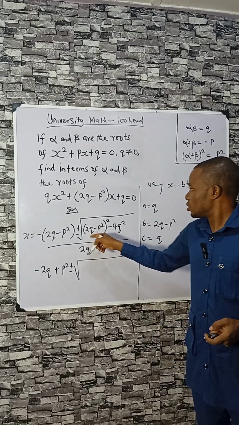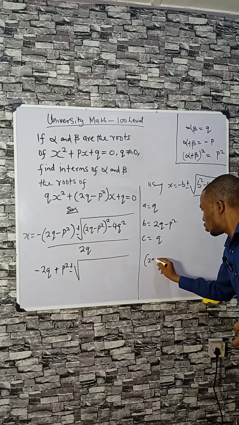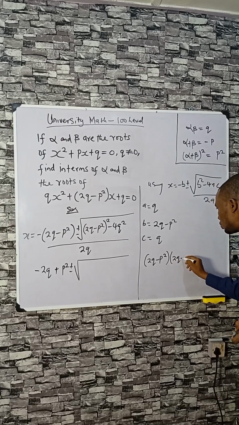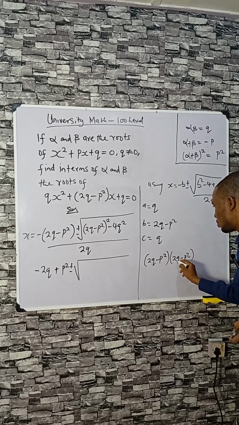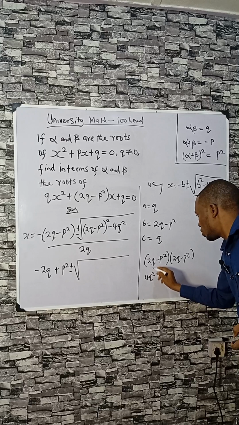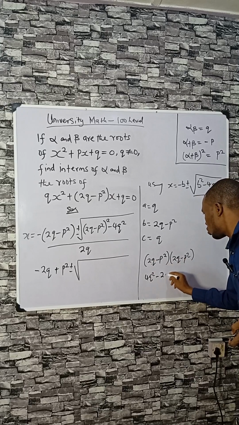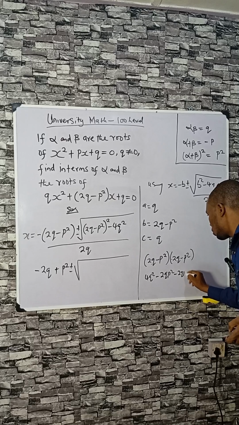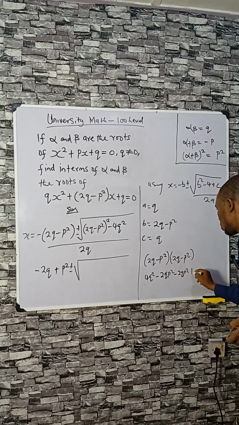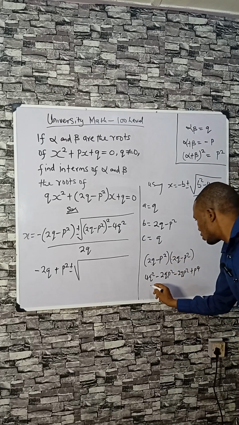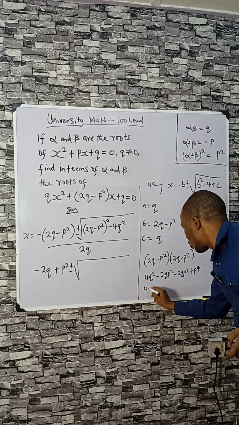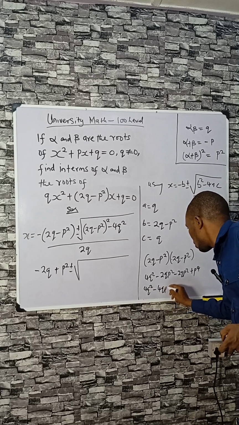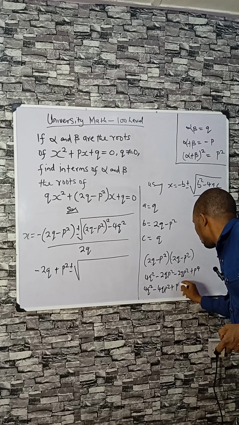If we expand 2q minus p squared, you have 4q squared minus 2qp squared minus 2qp squared. Then this gives you plus p raised to power 4. So that we check, you have 4q squared minus 4qp squared plus p raised to power 4.